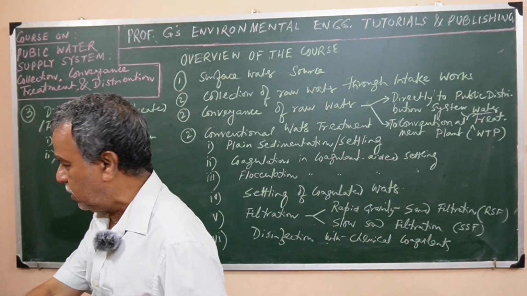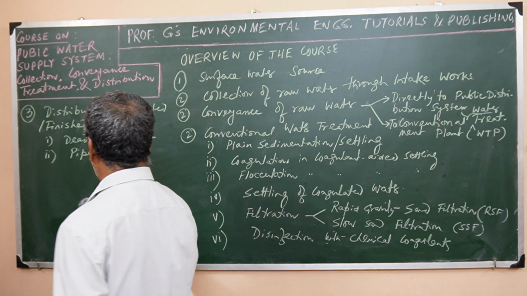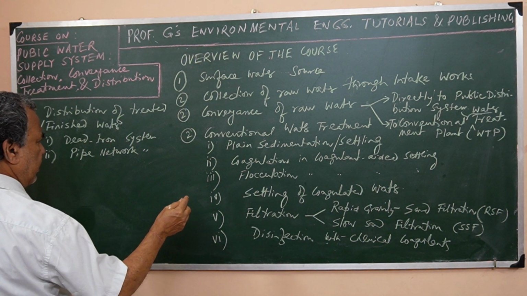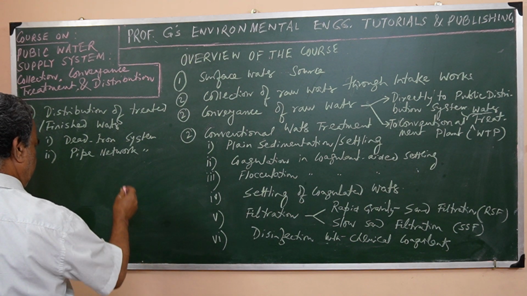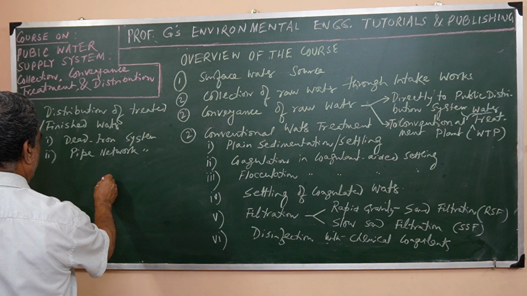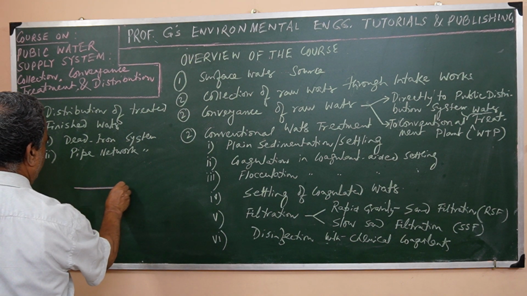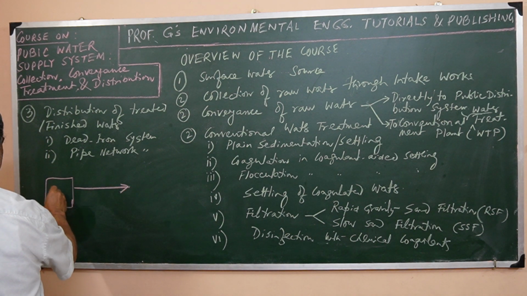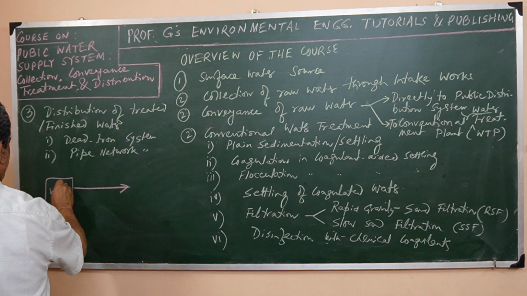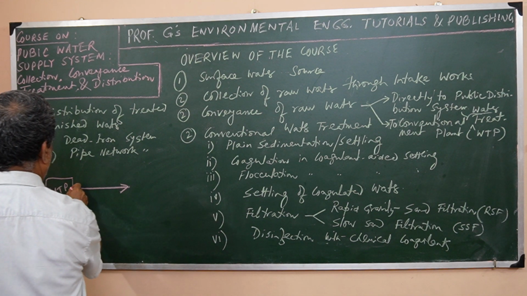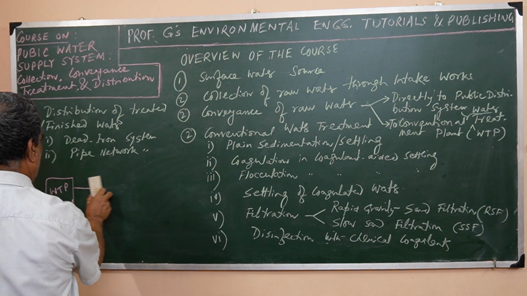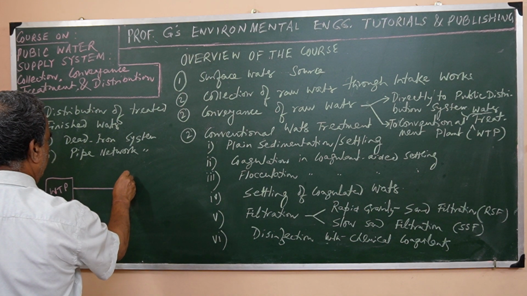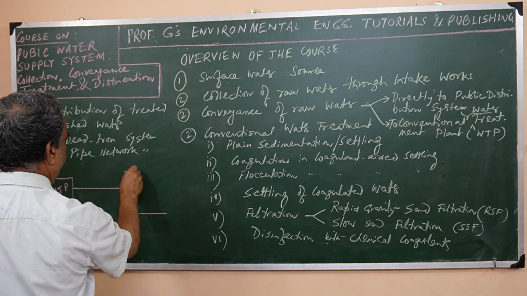Now for the public water distribution system, I think I remember that I discussed it, but I will touch upon that one. Once it is coming from the treatment plant, say this is the water treatment plant, right? From here it is transmitted to the public through the public distribution system, and that may be, suppose, open-ended type.